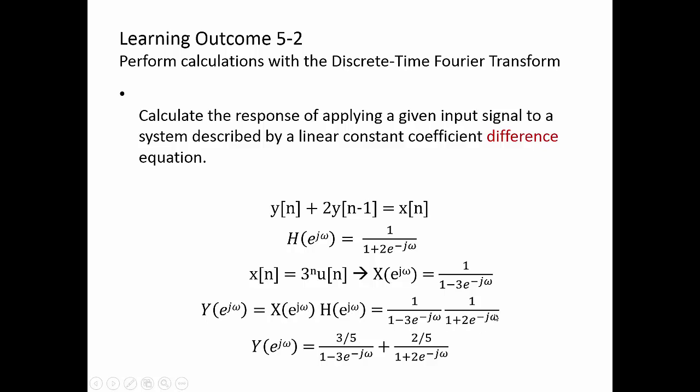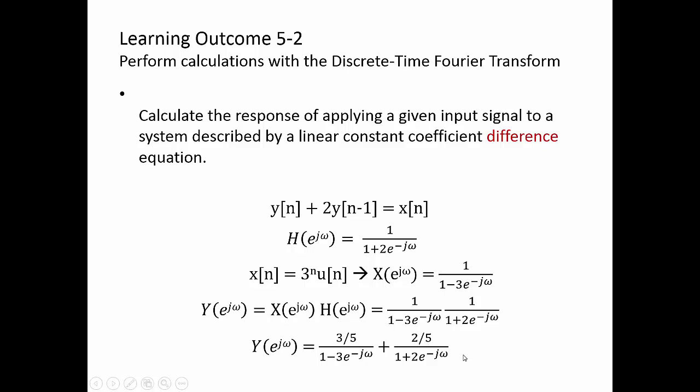Likewise, what value of e to the minus j omega makes this whole denominator go to 0? e to the negative j omega equals negative 1/2. Plug in a negative 1/2 here. 1 minus 3 times minus 1/2 is 1 plus 3/2. That's 5/2. 1 divided by 5/2 is 2/5.